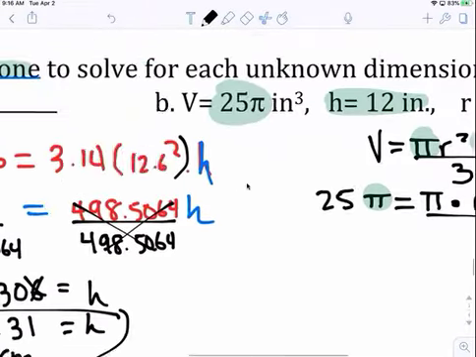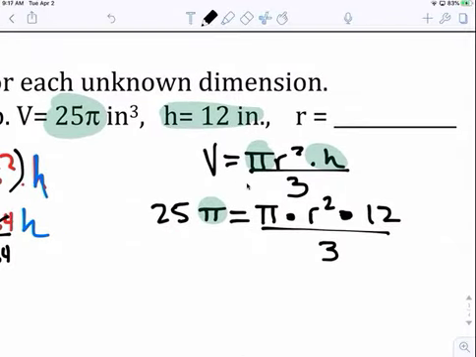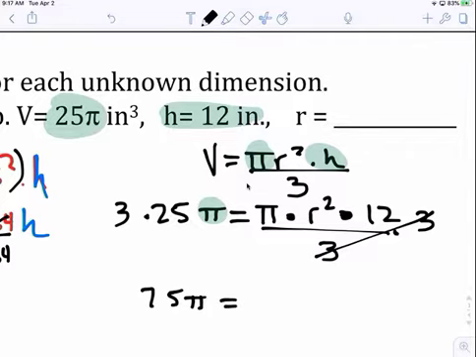We got rid of this 3 by multiplying by 3, so we do the same times 3 on both sides. Cancel that out. We get 75 pi equals pi times r squared times 12.